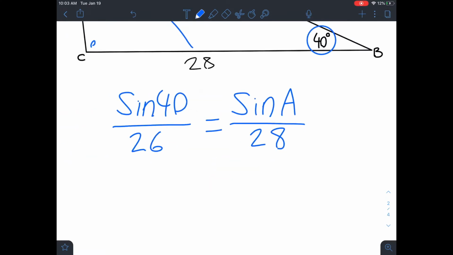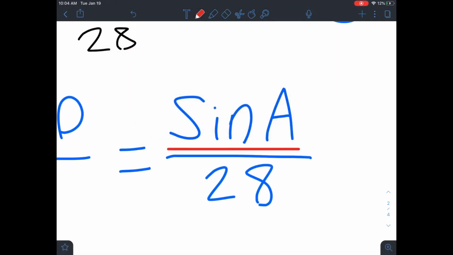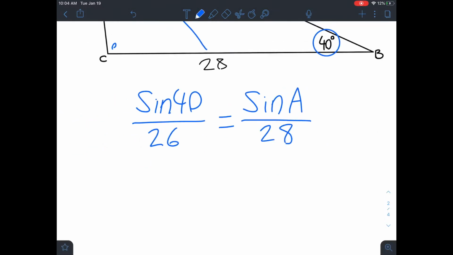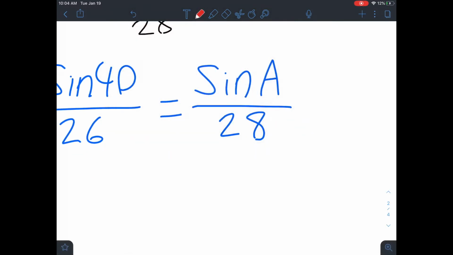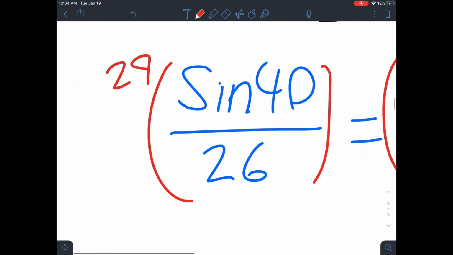So now we have our formula out. We need to solve. So since we're finding the angle, we want to get this A alone. To do that, we would multiply 28 on both sides. Oops. 28 on both sides.